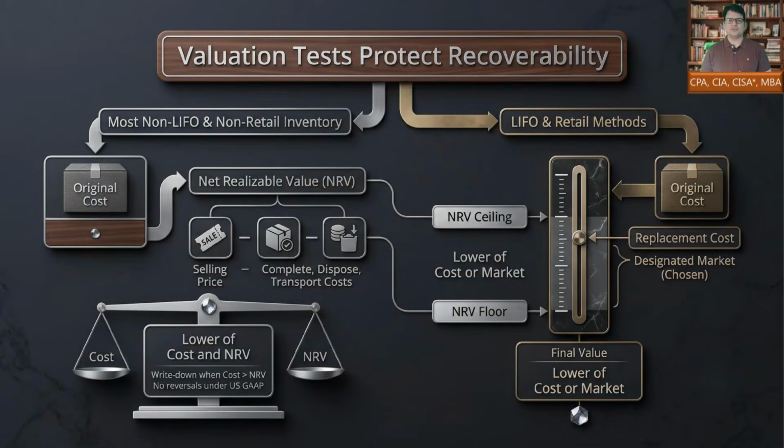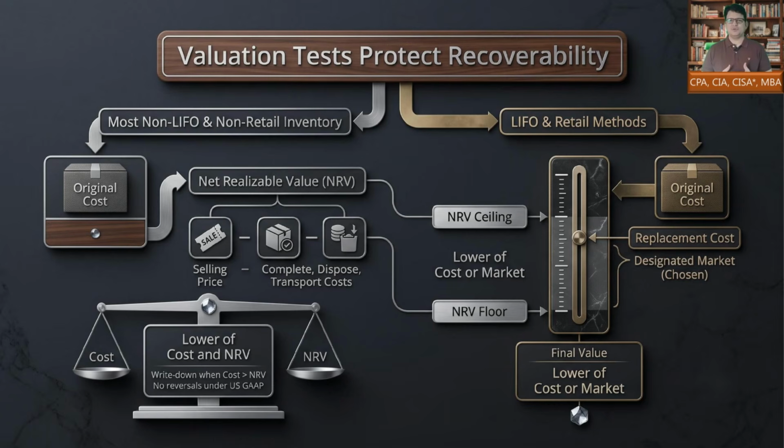Valuation tests protect recoverability. For most non last in first out and non retail inventory, use lower of cost and net realizable value or NRV. NRV equals estimated selling price less estimated costs of completion, disposal, and transportation. If cost exceeds NRV, write inventory down.